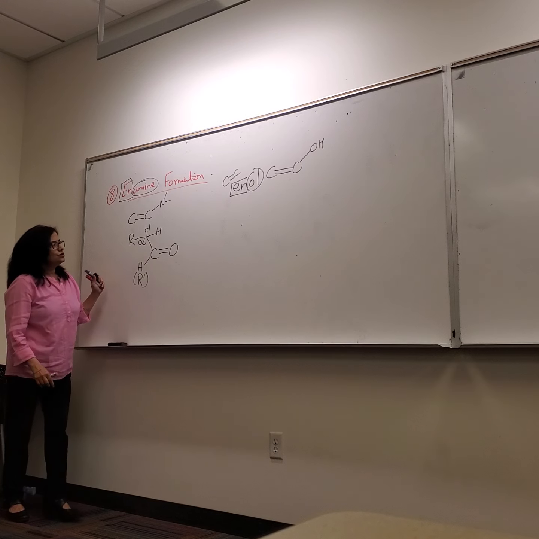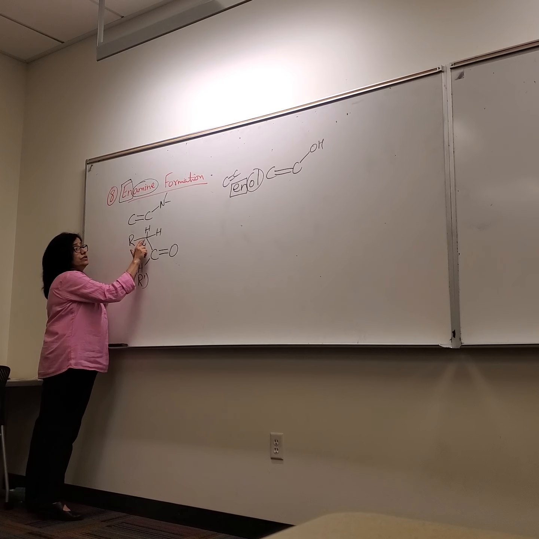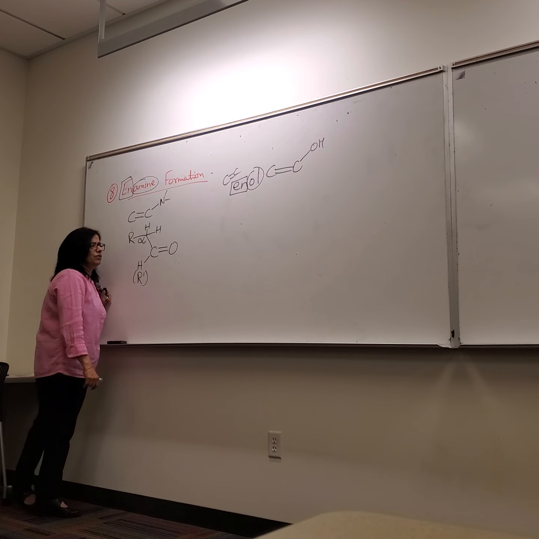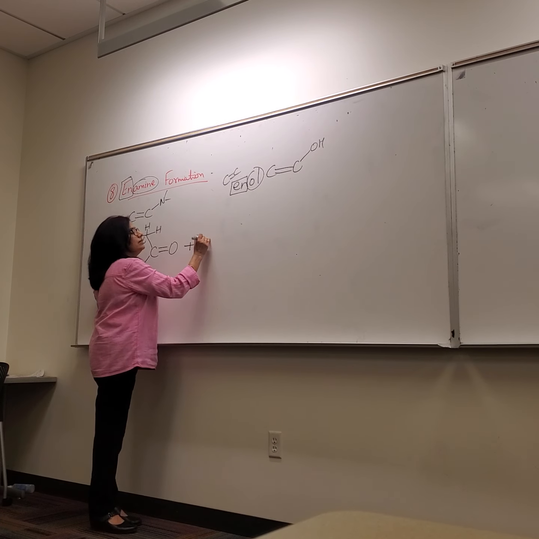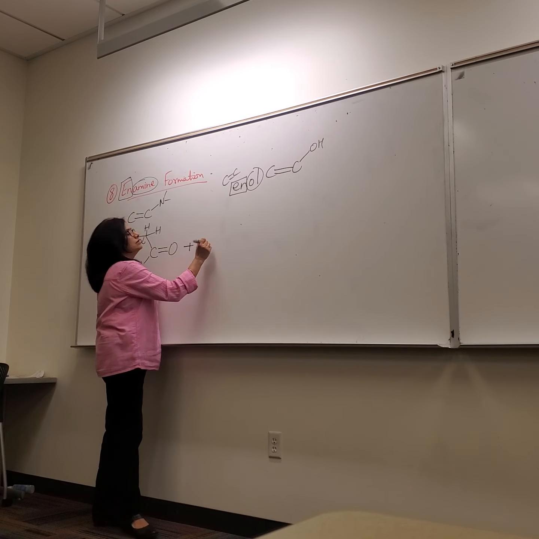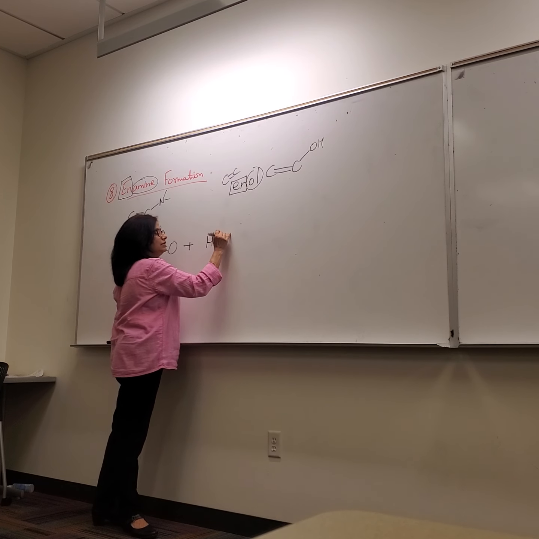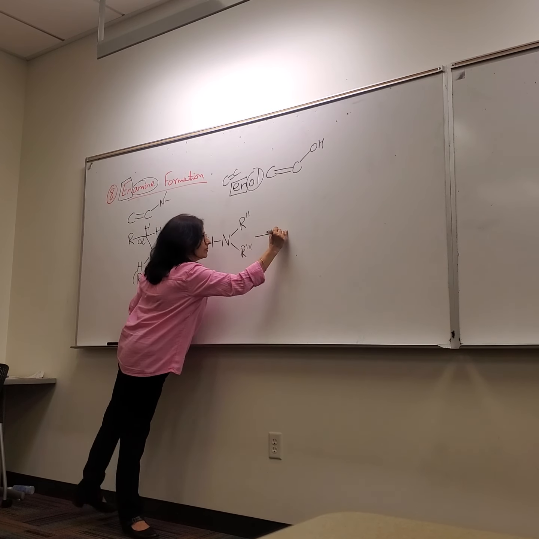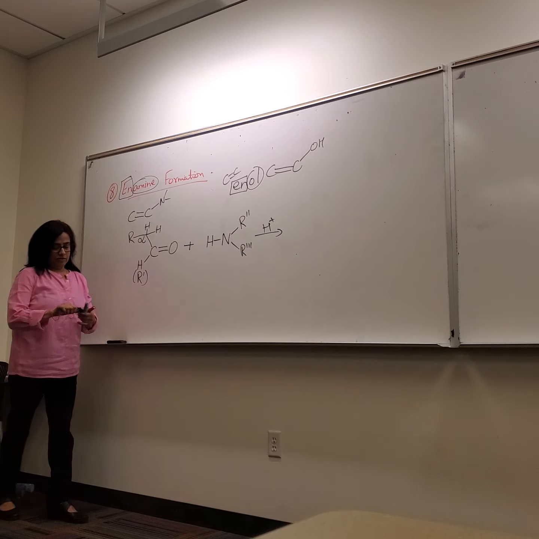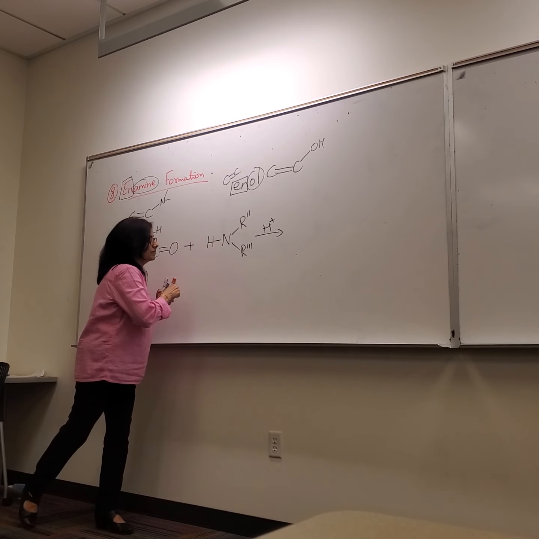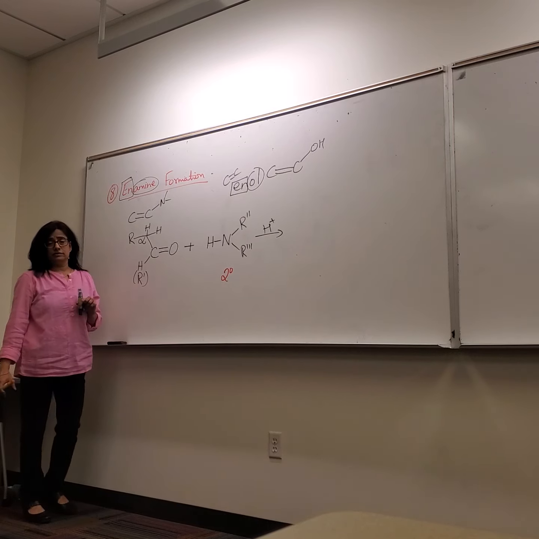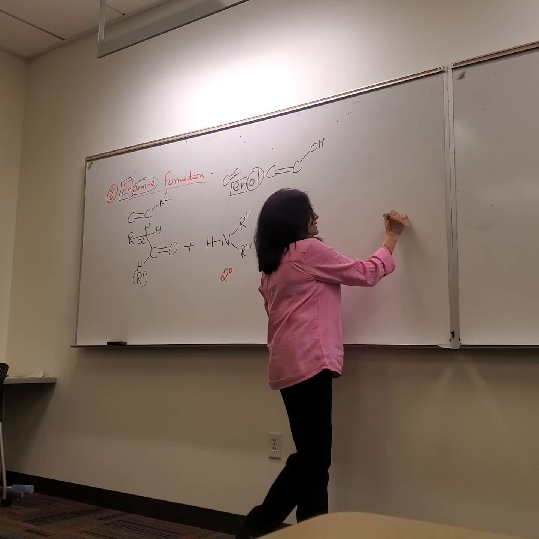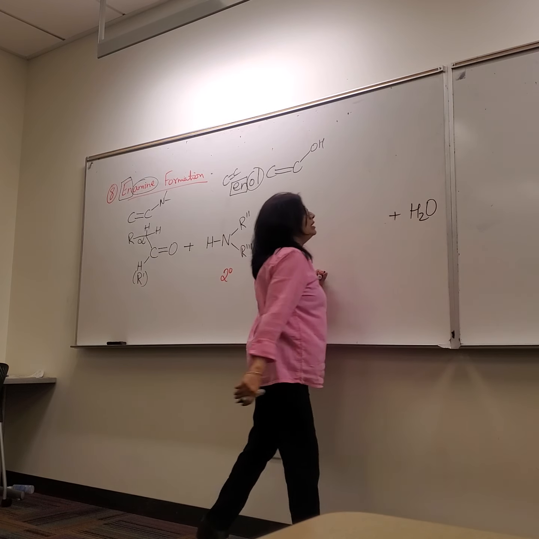So as long as there is one hydrogen on the alpha position, next to the C double bond O, reacts with secondary amines, not primary, but secondary amines, in presence of an acid catalyst. It also loses water. It is a dehydration reaction, but intramolecular, not inter.